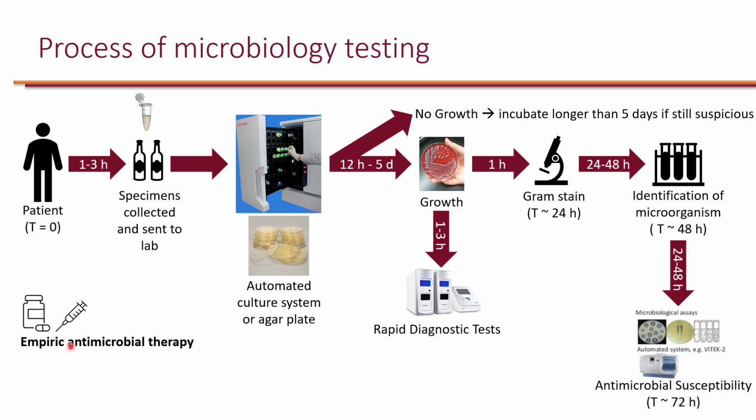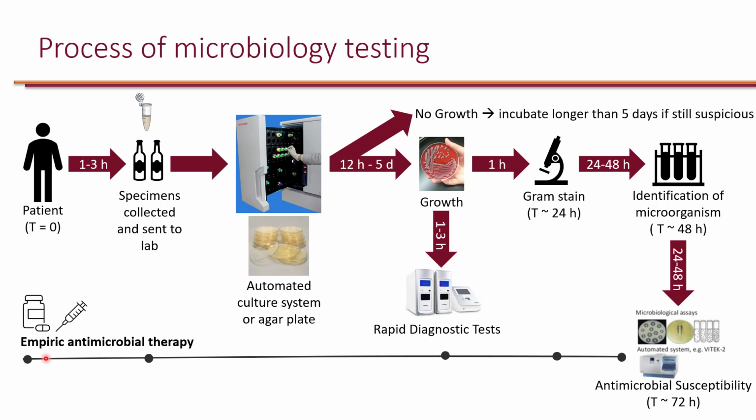What empiric means is that we don't really know what's causing the infection, but we will do our best guess. Based on the signs and symptoms, we can anticipate what organisms are possible, and we can use antibiotics broad enough to cover the possibilities.